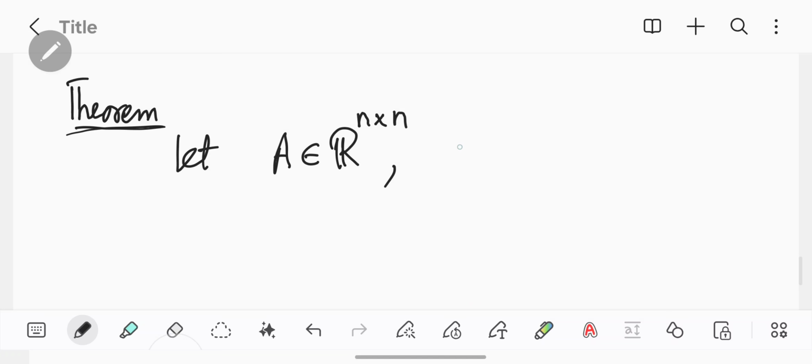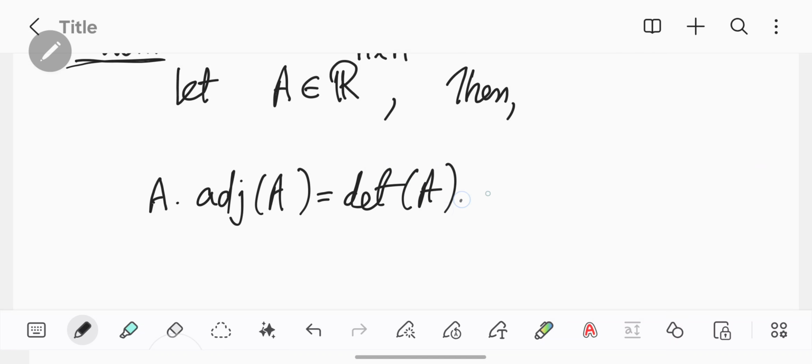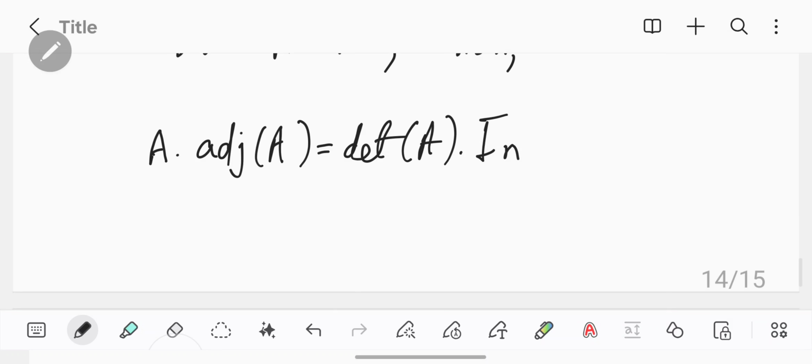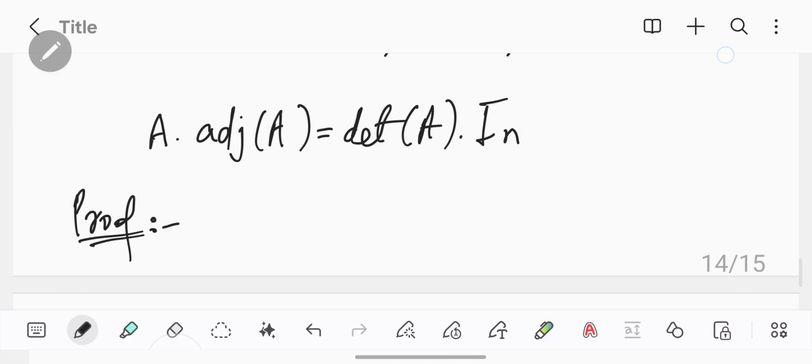So it says if A is an n by n matrix, then A times adjoint of A is equal to determinant of A times the identity matrix of order n by n. This is the theorem. Okay, we will prove this theorem.